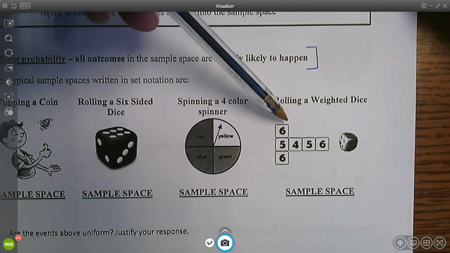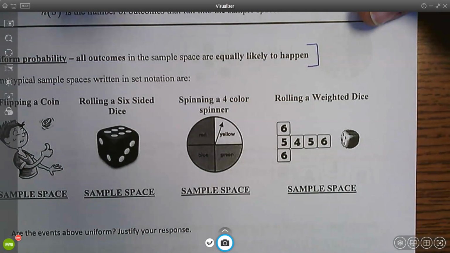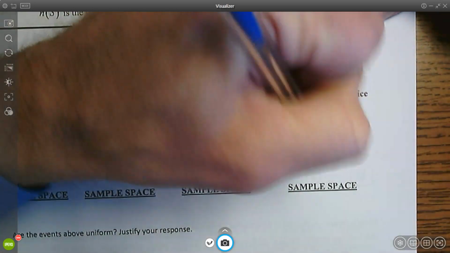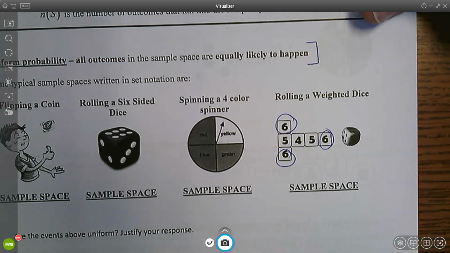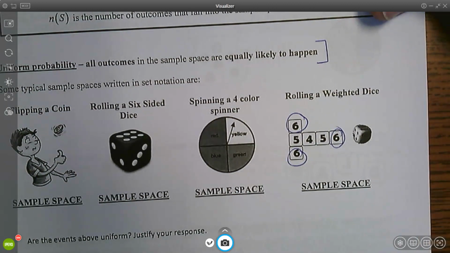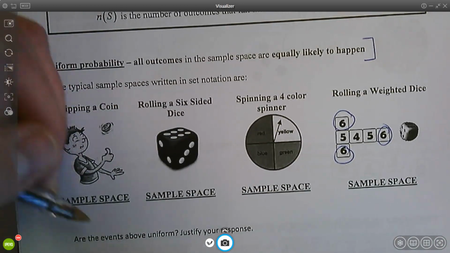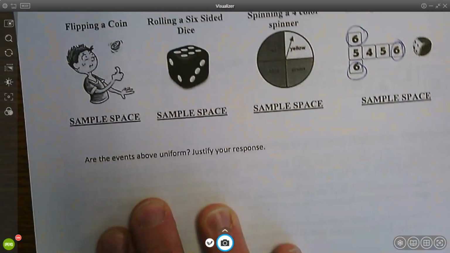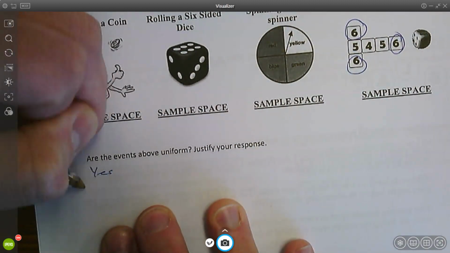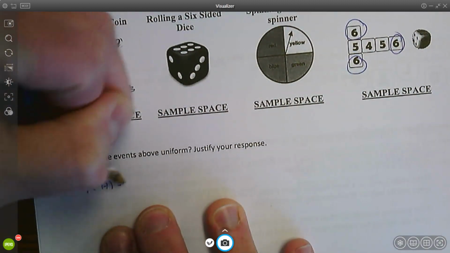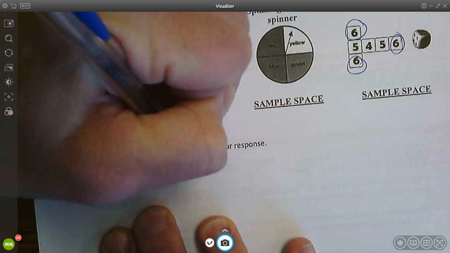Rolling a weighted die, this is not uniform because you're way more likely to get a 6 than you are a 5 or a 4. So these are not equally likely to happen. So as far as justifying your response, what this would look like would be yes, the probability of heads is equal to the probability of tails.